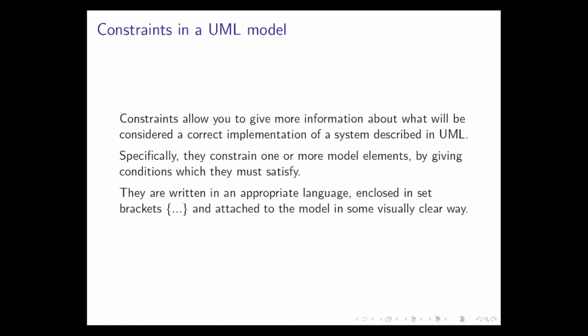So a constraint will constrain one or more model elements, and this just means to give conditions which they have to satisfy. Okay? So they can be written in an appropriate language, and we'll see in a moment what that might be, but of course OCL is the classic example. And as you've seen, they're enclosed in set brackets, curly brackets like that, and they're attached to the model in some visually clear way. So for example, you may put them in a note and attach the note via a dashed line to the relevant parts of the diagram.